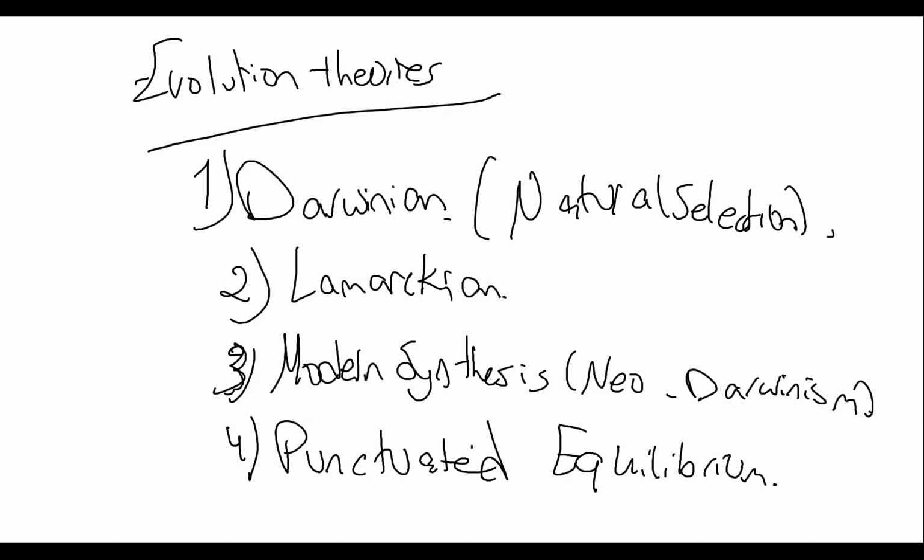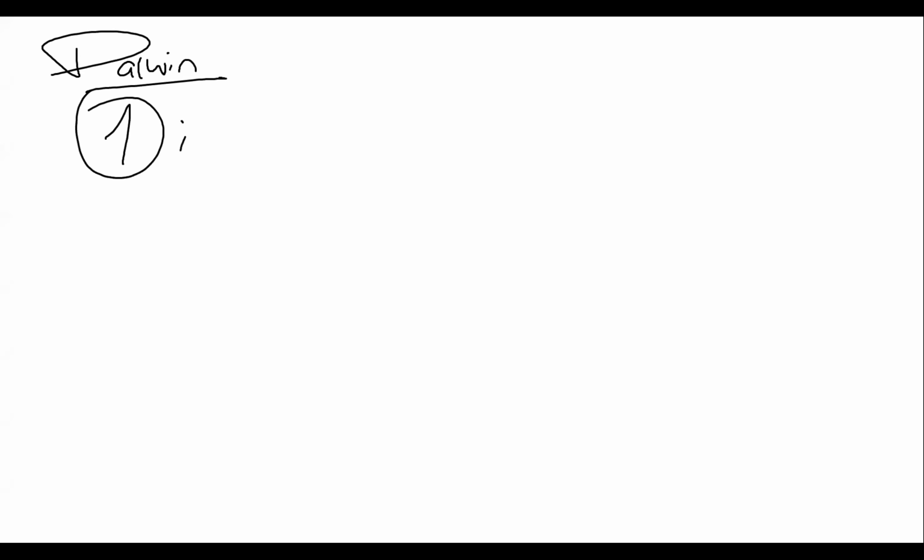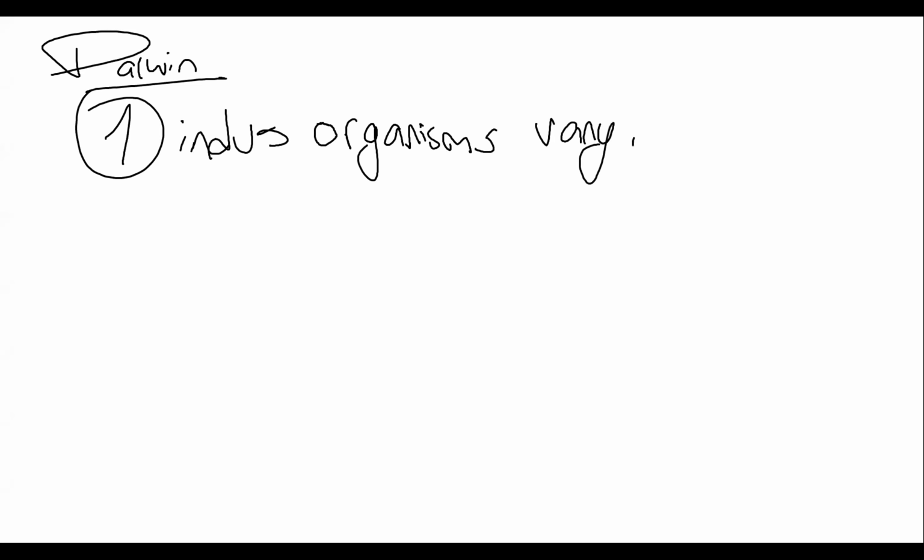Okay, so now let's speak about Darwinian more, before we end the session. Darwin said this, for memorizing. Number 1, individuals, organisms vary in traits they possess.